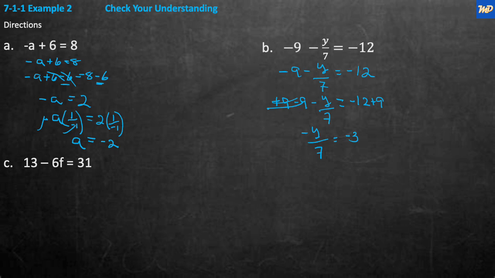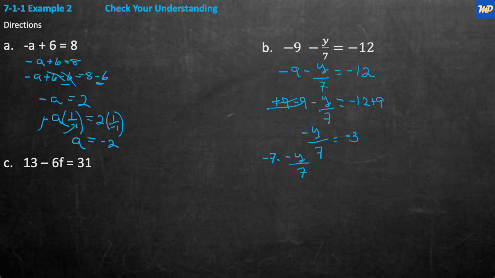So if we take the 7, the reciprocal of 1/7 is 7. So we're going to multiply both sides by negative 7. We're going to get rid of the negative sign and the divided by 7 all at the same time. So we're going to multiply negative 7 times negative y over 7.